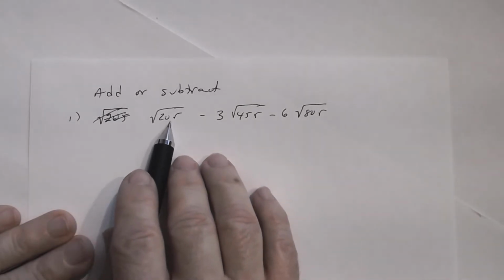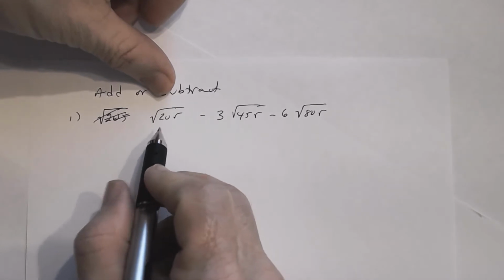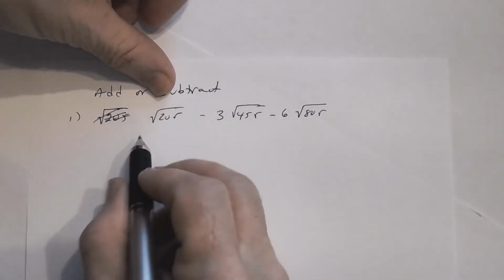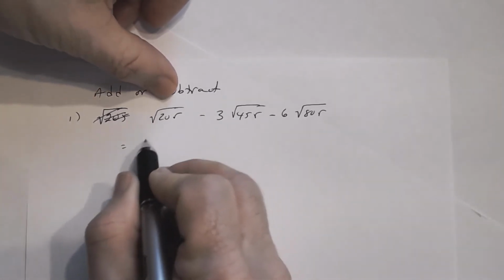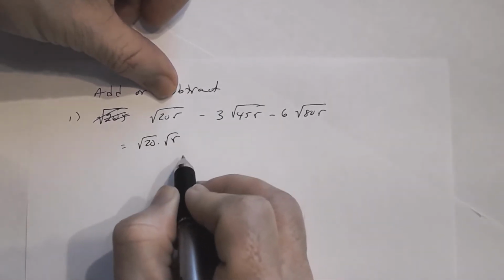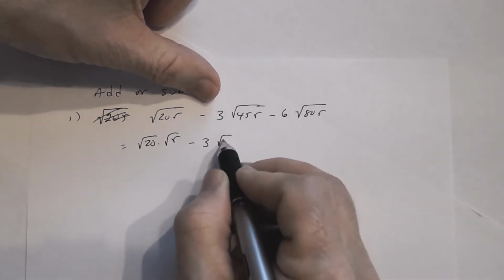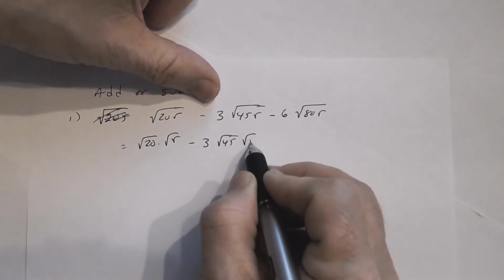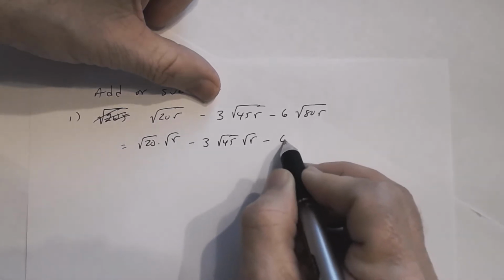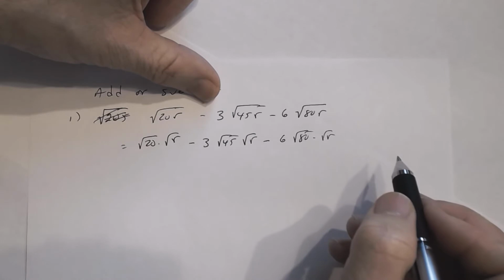So what I would do at this point is go ahead and rewrite this using the product rule. According to the product rule, this is the square root of 20 times the square root of r. Y'all agree? Okay. Minus 3 times the square root of 45 times the square root of r. Minus 6 times the square root of 80 times the square root of r.